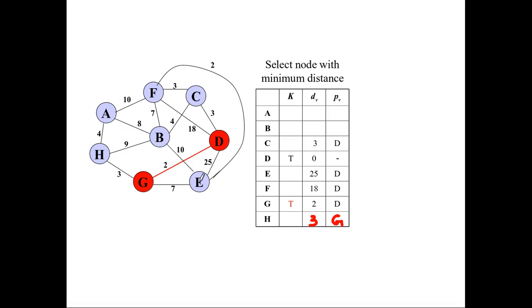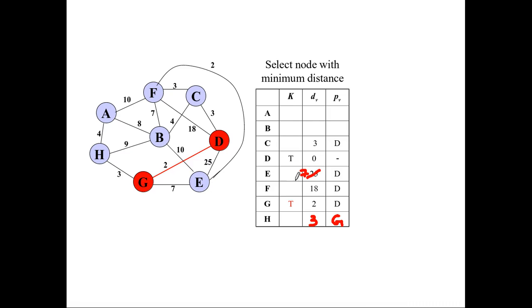So what I do is compare: the cost of reaching E via G is 7, the cost of reaching E via D is 25, which one is minimum for me? So this path is minimum for me. So what will happen is, this will be overwritten as 7.